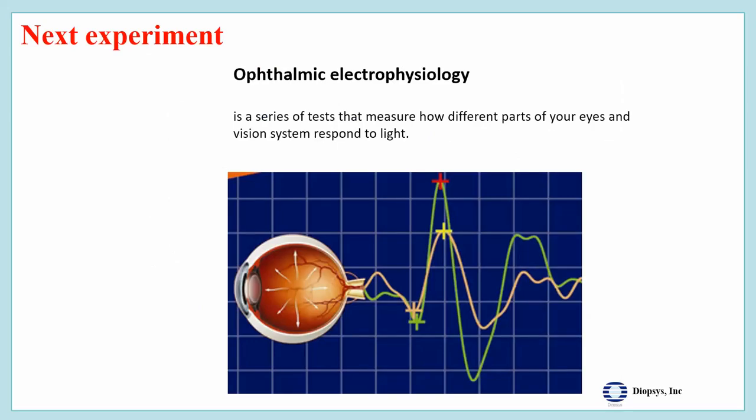And our next step for experiment is trying to study using ophthalmic electrophysiology, which is a series of tests that measures how different parts of the eyes and vision system respond to light. Visual evoked potential, or VEP, is a minute neural discharge that occurs in the human visual cortex in response to patterns or other stimulations of the retina.